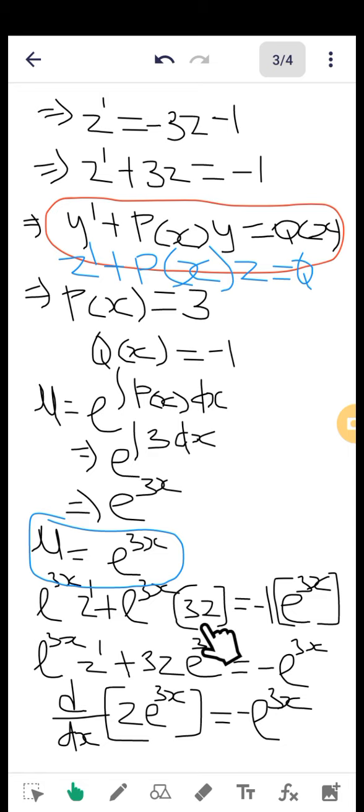We are done multiplying through by the integrating factor. So we try to simplify. This is more or less a product rule.